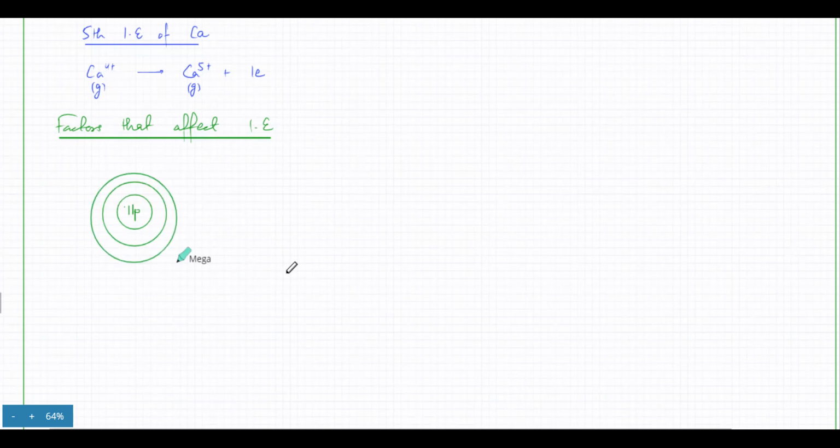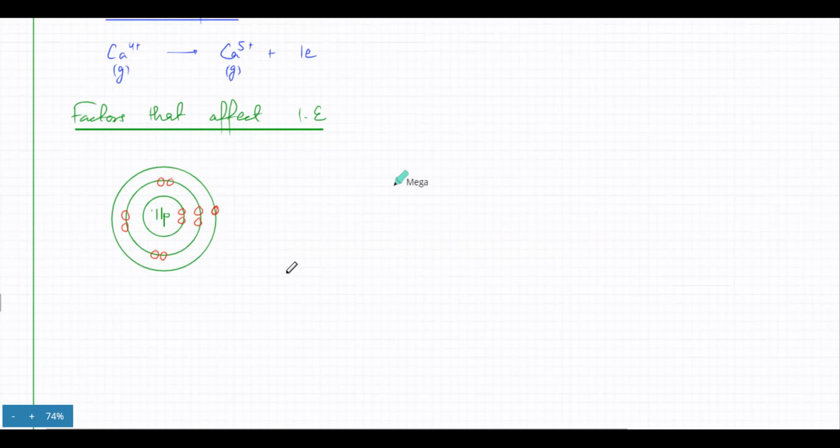And what factors affect ionization energies? There are actually 5 factors. The first thing is what makes it difficult or easy to remove electrons. It's these protons over here. The protons are the ones attracting electrons. So if you have more protons, the electrons are going to be more strongly attracted. If the positive charge in the nucleus is more, then the attraction for electrons is much greater. That's the number one factor, known as the nuclear charge, or in simple words, the proton number.